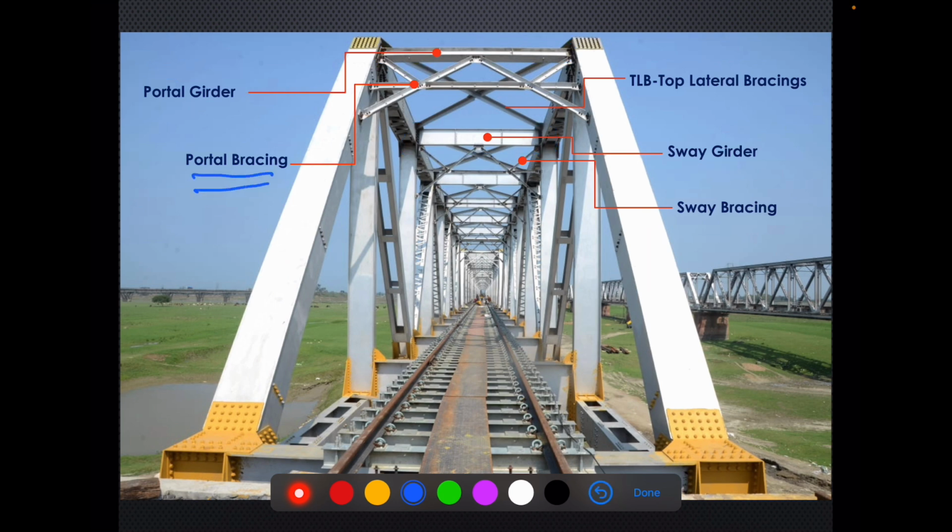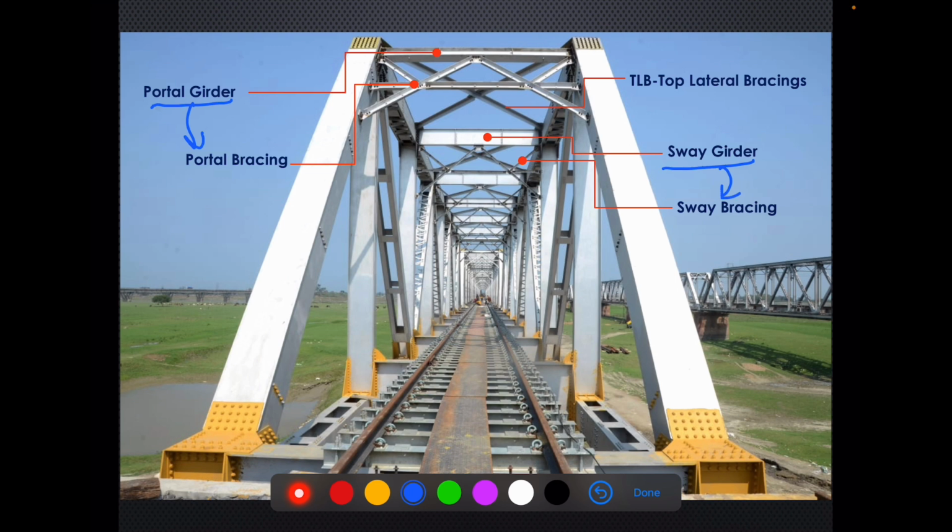So we can easily remember this: we have portal girder and associated bracing is called portal bracing. We have sway girders, and the associated bracing is called sway bracings.